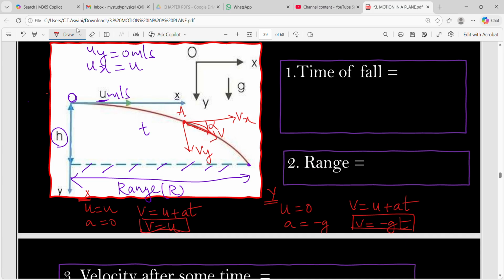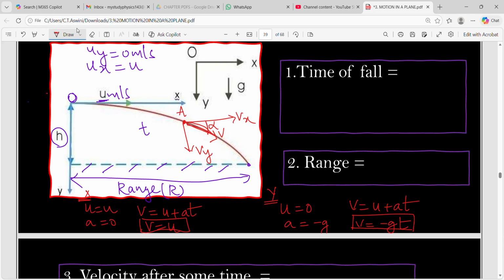Did you recollect anything? Like the projectile at a certain angle from the ground. Yesterday's concept, I told you an important point: along the x direction, there is no change in velocity. It remains u cos theta. Do you recollect? It's the same thing here also, right?